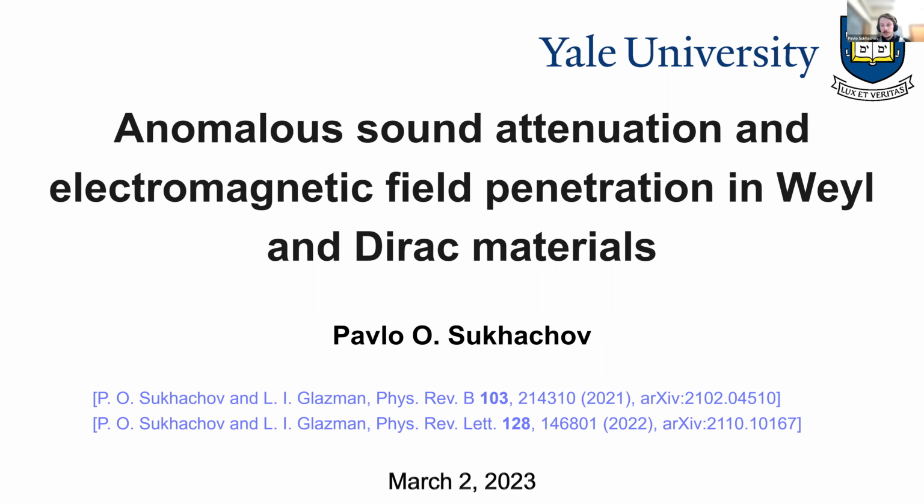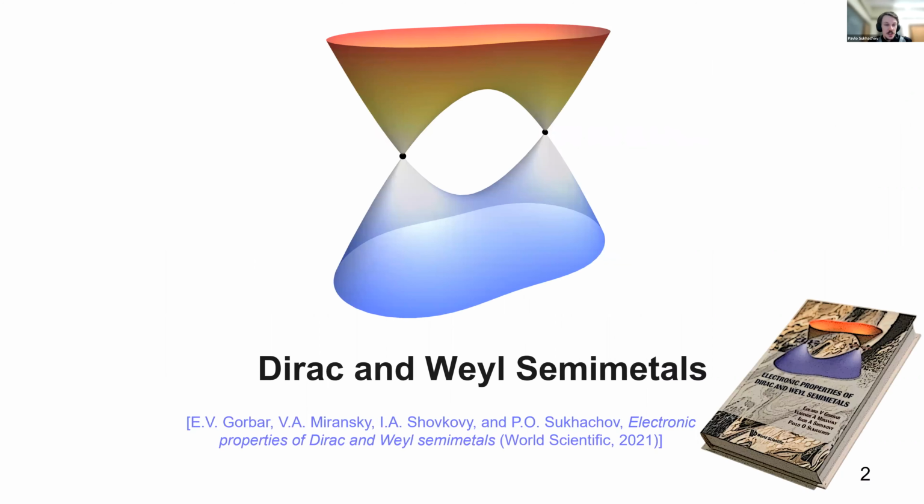So to start with, let me introduce what these Dirac and Weyl materials are, which I am interested in so much. As the name suggests, the Dirac and Weyl relativistic equations play an important role in describing the physics of Dirac and Weyl materials.